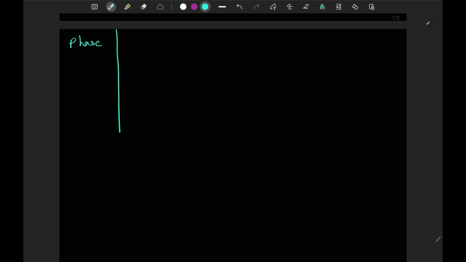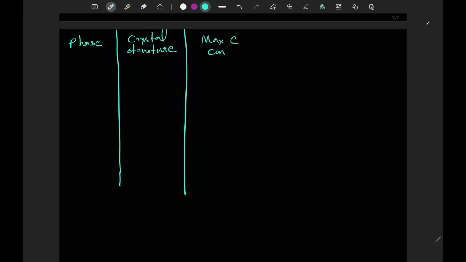Phase, different crystal structure of the phases, and the maximum carbon content, here the name or designation. Okay.